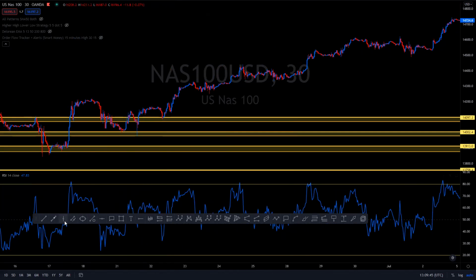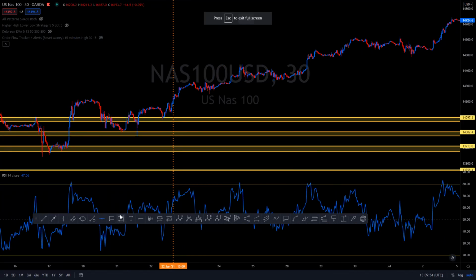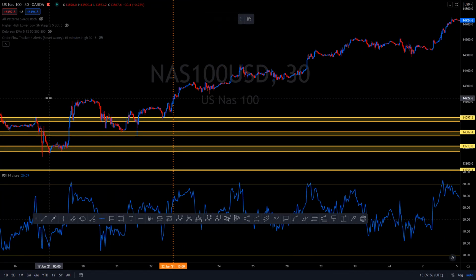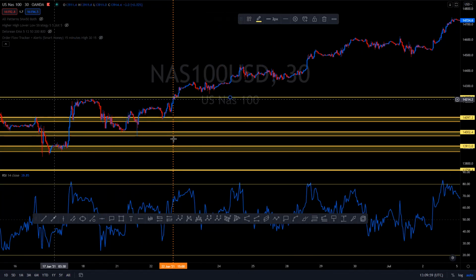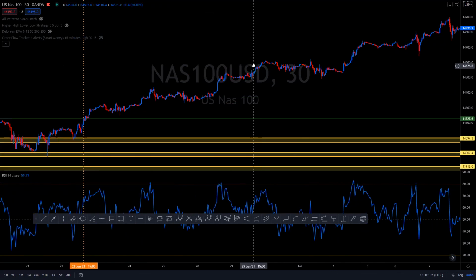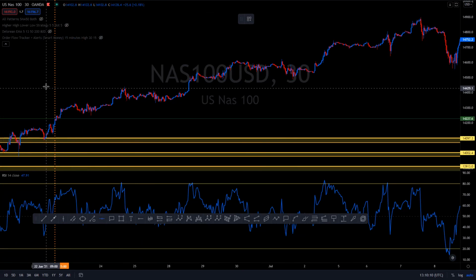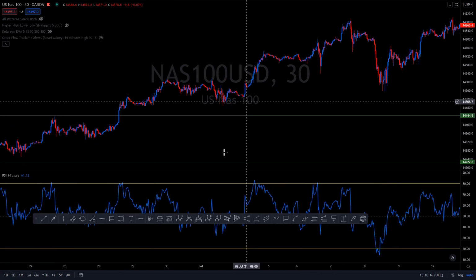We're going to put a vertical line here, and we're going to take our horizontal lines once again. We can kind of do it that way.